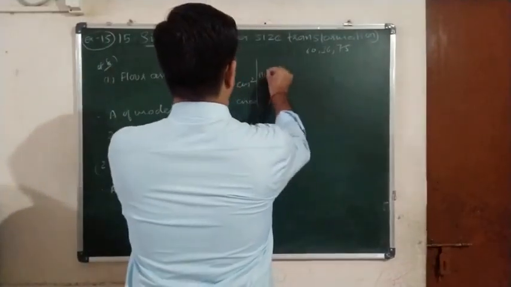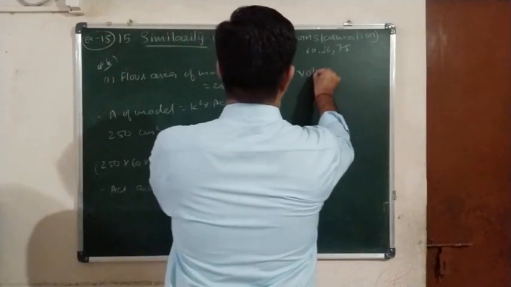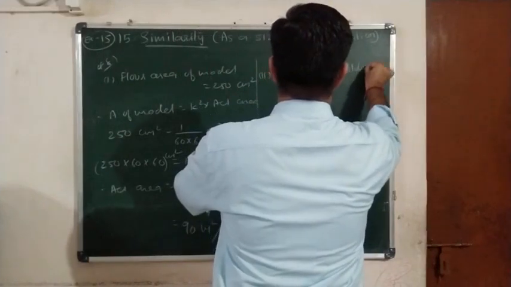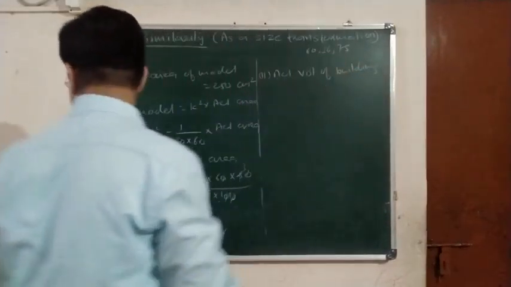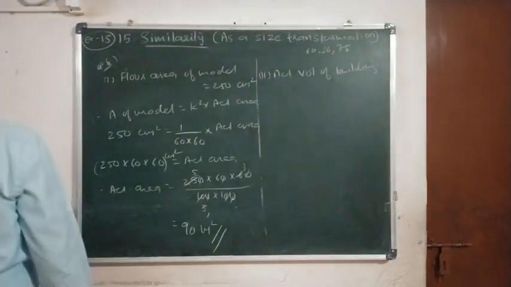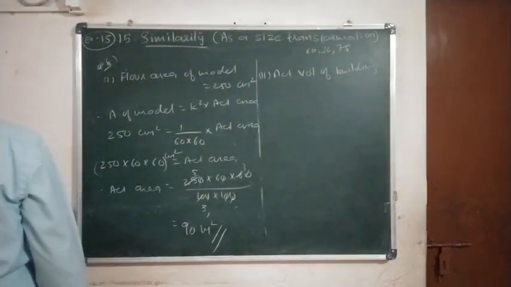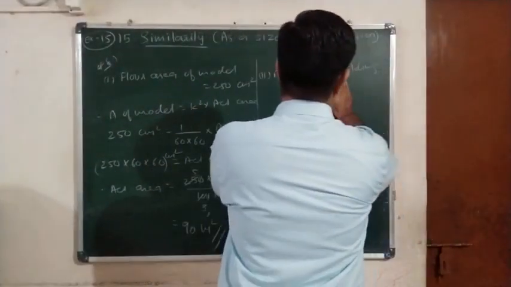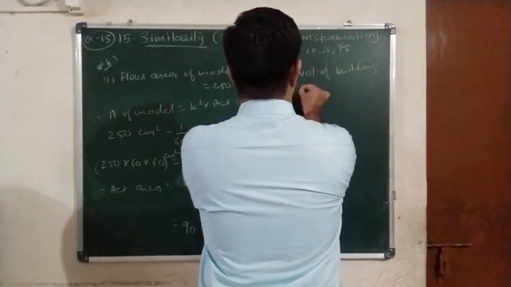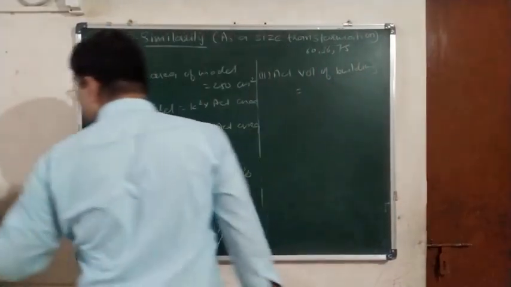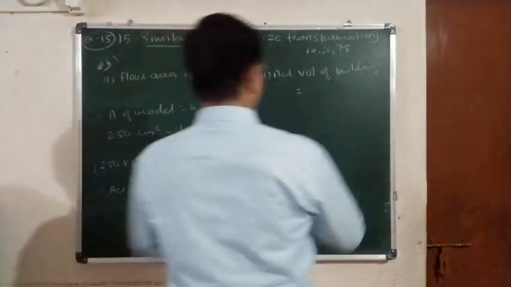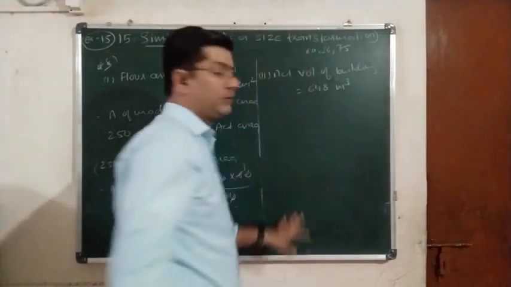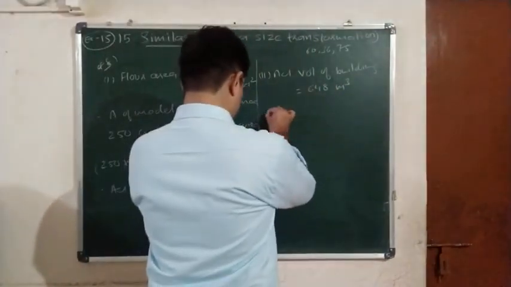Okay, now we are given the actual volume of the building, which is 648 cubic meters. We have to find the volume in the model. So let us put the formula.